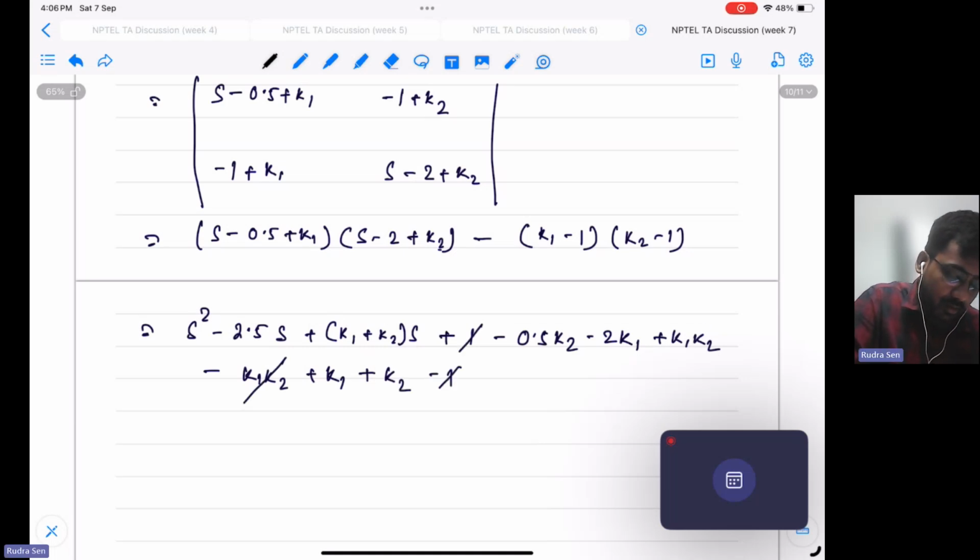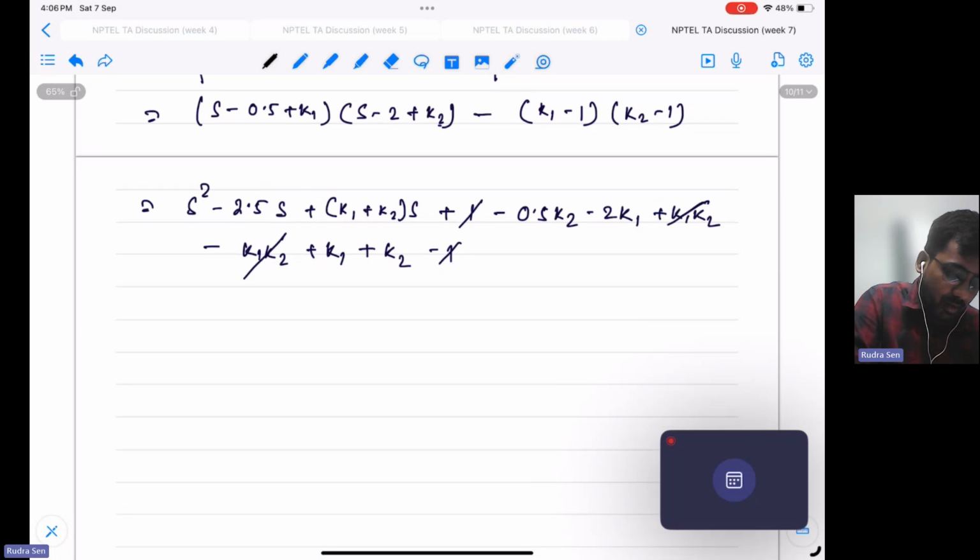So the 1 and 1 cancel out, k1 k2 cancel out, so we will get S square minus 2.5s plus k1 plus k2 into s.